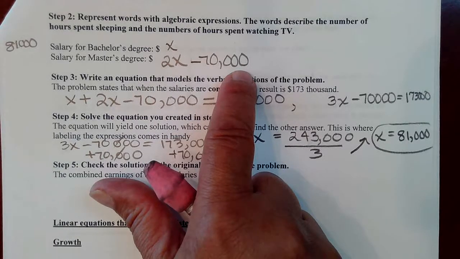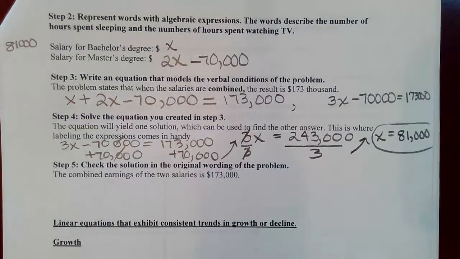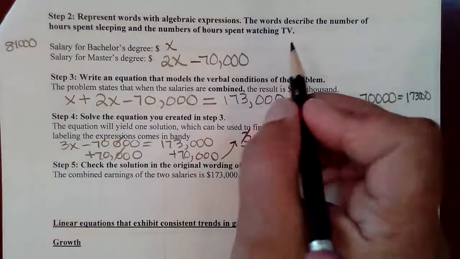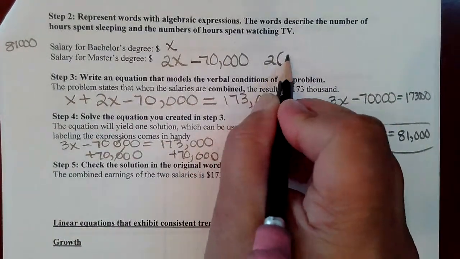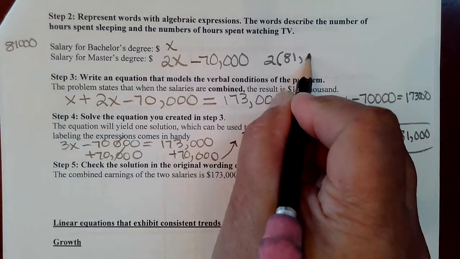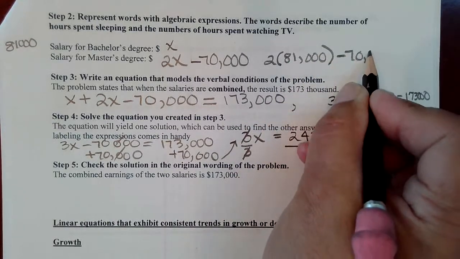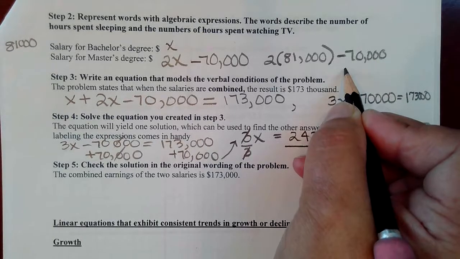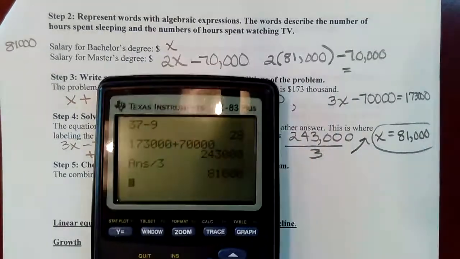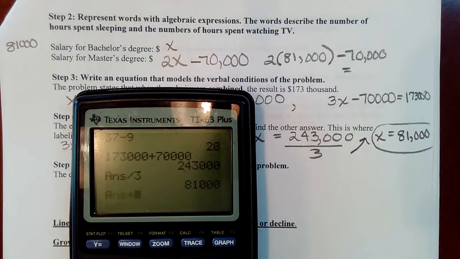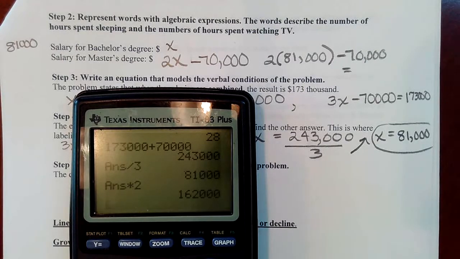So we can also put that into the calculator. So twice the bachelor's amount, which was 81,000, but 70,000 less than that, which would be 2 times 81,000, 162,000 minus 70,000. And the answer to that is 9.